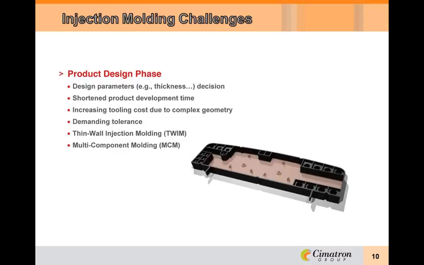In the design phase, there are several often difficult key decisions which product designers must make. For example, how to design the proper wall thickness and how to deal with thin wall products. What potential defects will be found during the tool design and molding process? These questions are extremely complicated and frustrating for product designers.